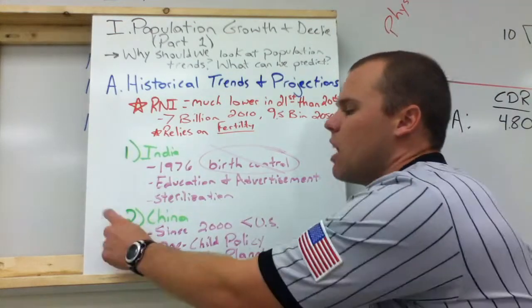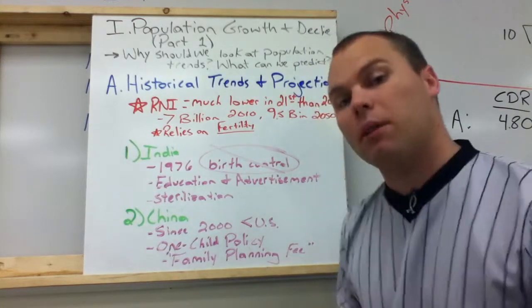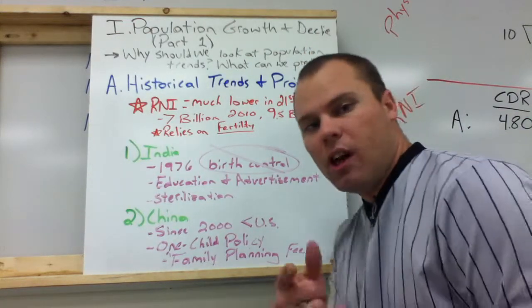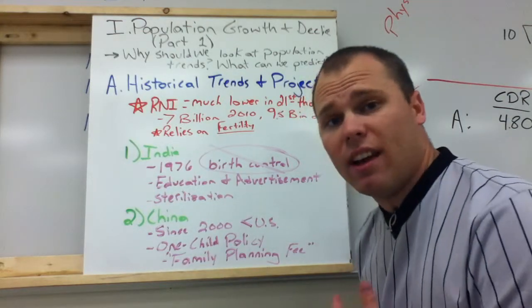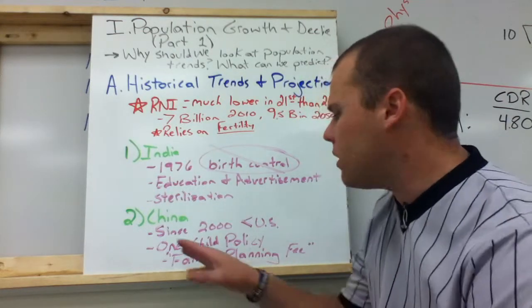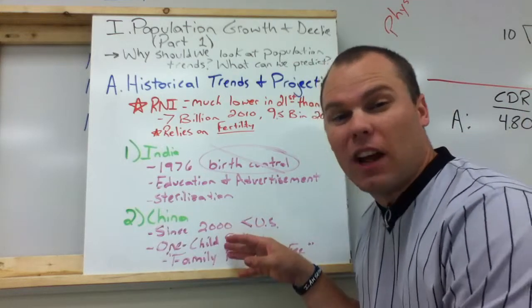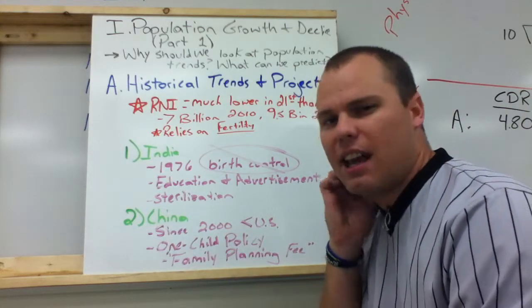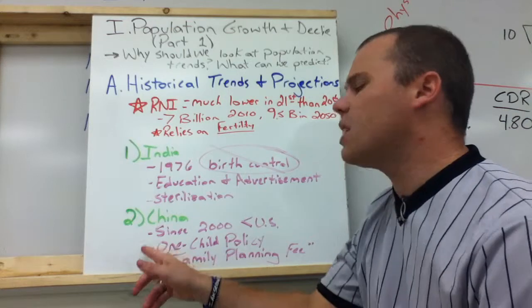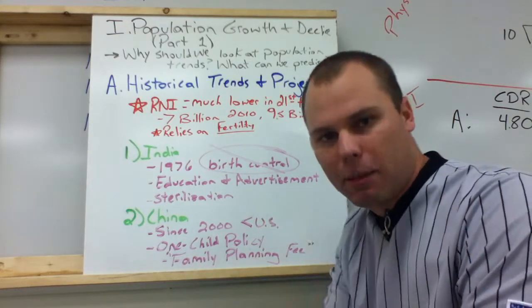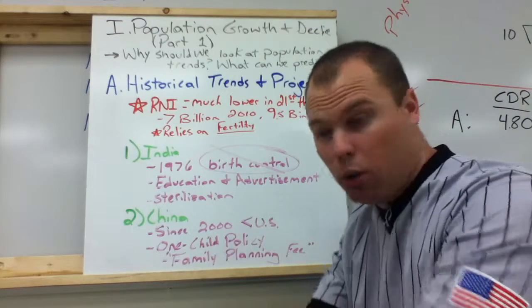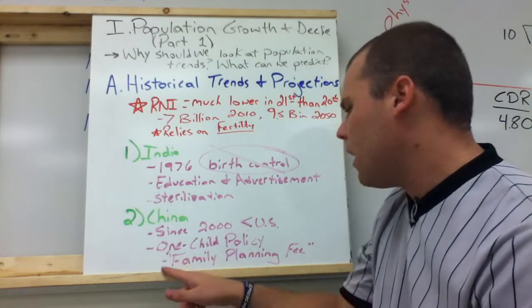China is another example. When you think of China, you probably think of a place with a huge population. You'd be correct. But the rate of natural increase is actually low in China compared to recent years. Since 2000, their rate of natural increase is actually lower than the United States. Maybe hard to believe. This goes back to the one-child policy. The government put forth this policy so that the population growth would be dropped down.